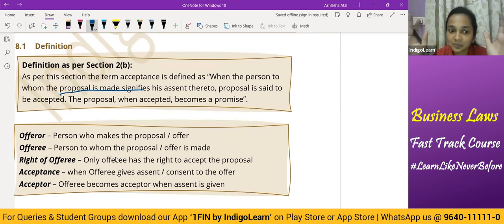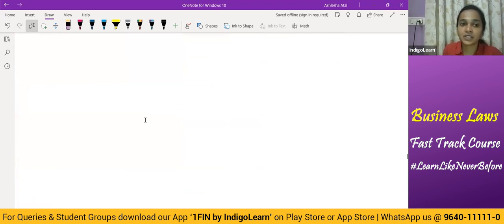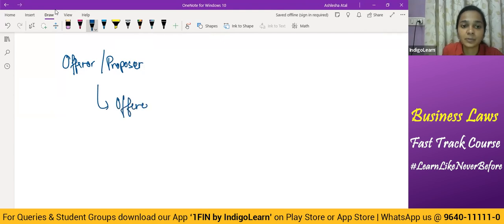Is this clear? So what happens when the proposal is accepted? Under offer, we have understood the offerer is a person who makes the offer. He's also called a proposer. And the person to whom the offer is made is said to be the offeree.